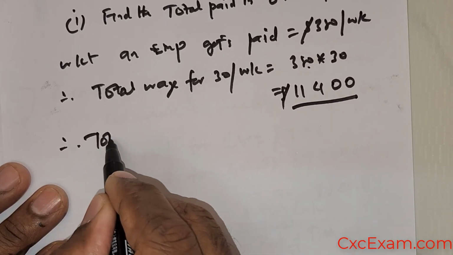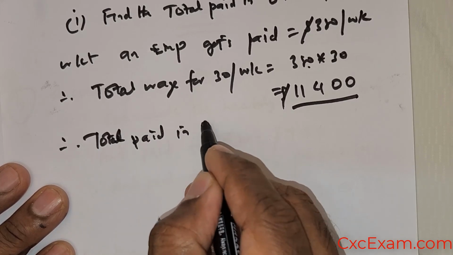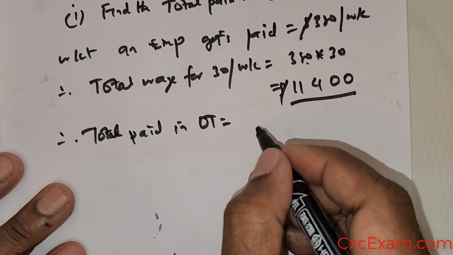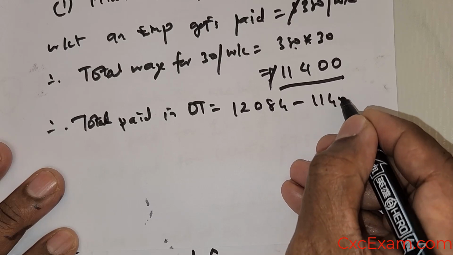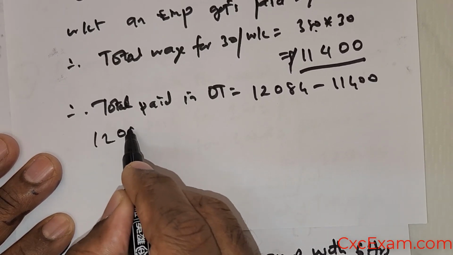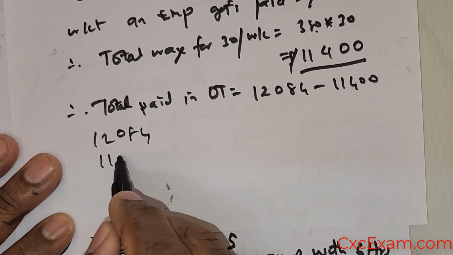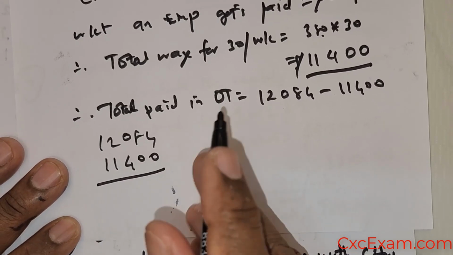So therefore the total paid in OT is from 12084, take away 1140. You can subtract using a calculator, I am just subtracting it using manual calculation.